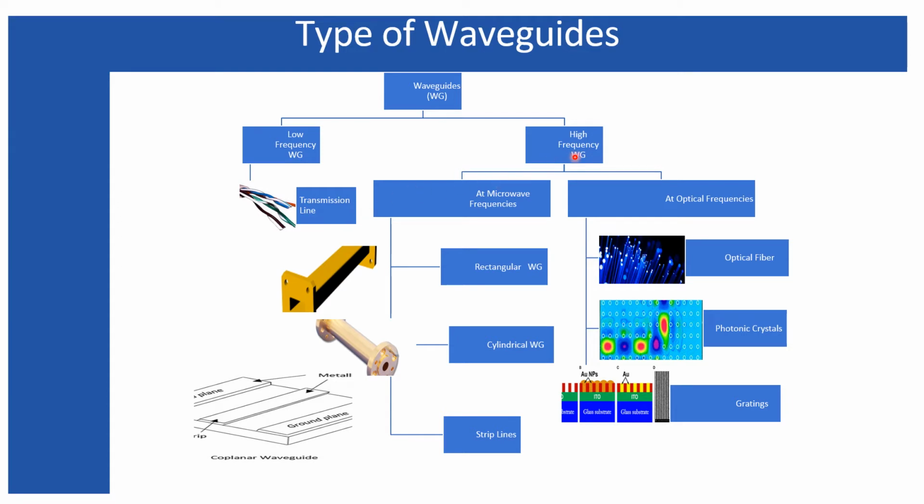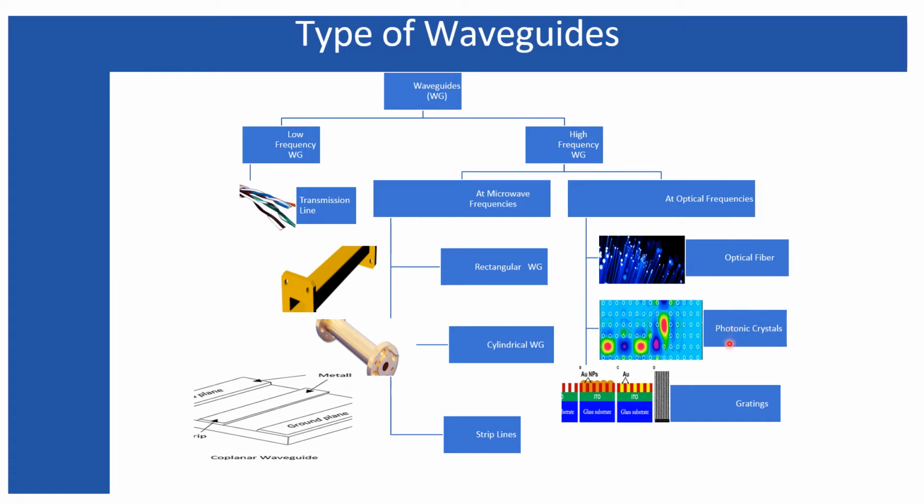For high frequency signals, one range is the microwave frequencies, another is the optical frequencies, because optical frequency is much higher than the microwave frequency range. At microwave frequencies, we generally use the rectangular waveguides, the cylindrical waveguides and the strip lines. But for optical frequencies, to carry the optical signals, we use the optical fiber.